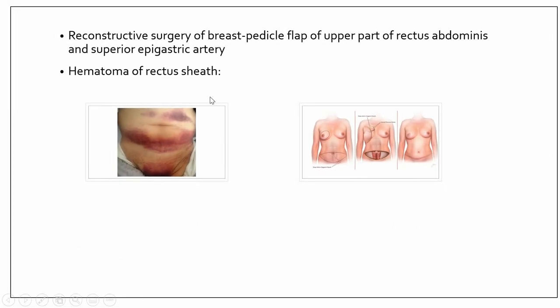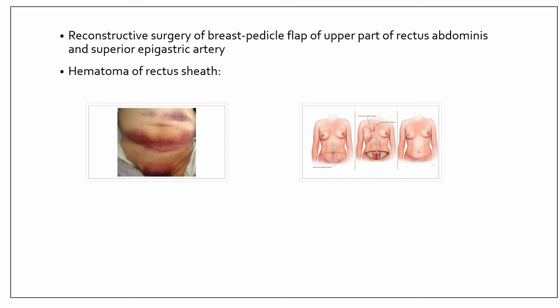And the hematoma of the rectus sheath. Hematoma is basically a collection of blood. So what happens is when the superior and inferior epigastric arteries supplying the rectus abdominis muscle are unduly stretched, such as during a severe bout of coughing or in the late months of pregnancy, they could rupture, and this would lead to the formation of a hematoma.